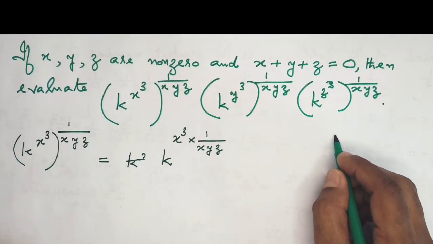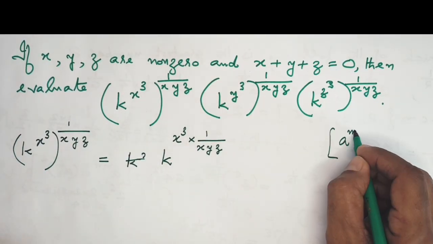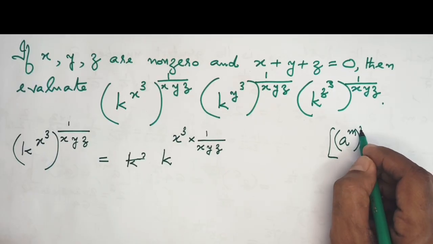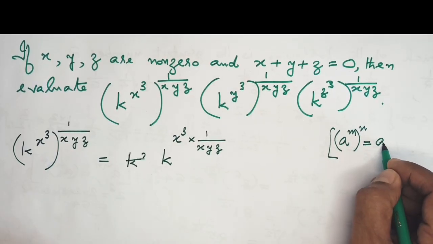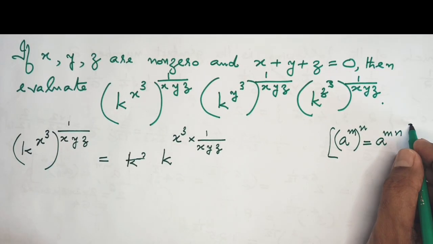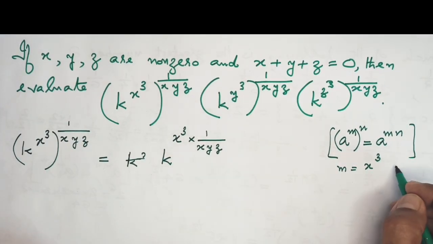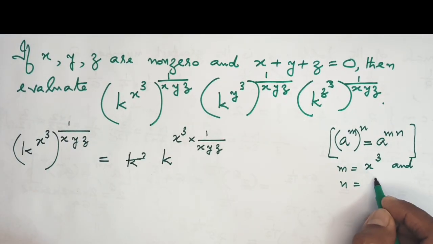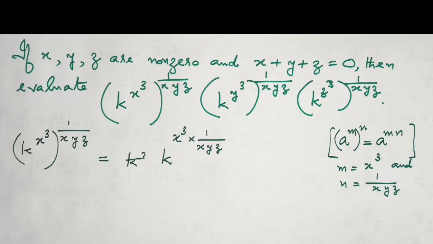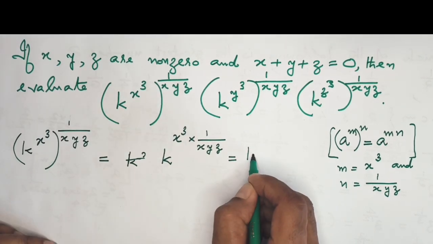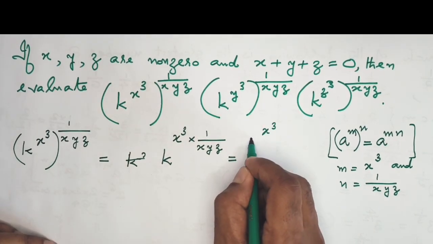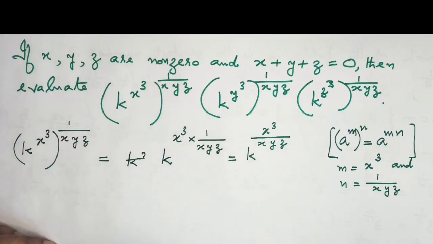This is based on this rule of index: a to the power m, the whole raised to n equals a to the power of mn. Here m is equal to x cubed and n equals 1 over xyz. Now this I can write as k to the power of x cubed divided by xyz.